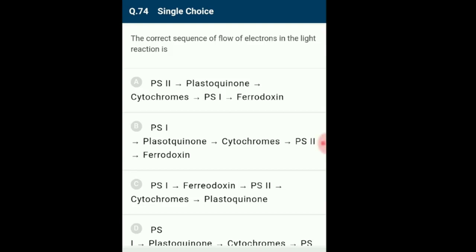PS1 then passes the electrons to ferredoxin, and then NADP is finally reduced into NADPH2. So the answer for this question is option A: PS2, plastocyanin, cytochromes, PS1, and finally it reaches ferredoxin.